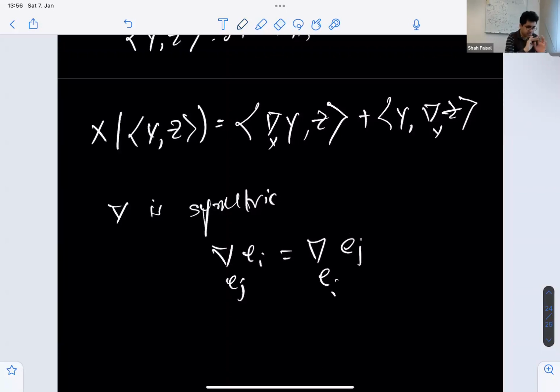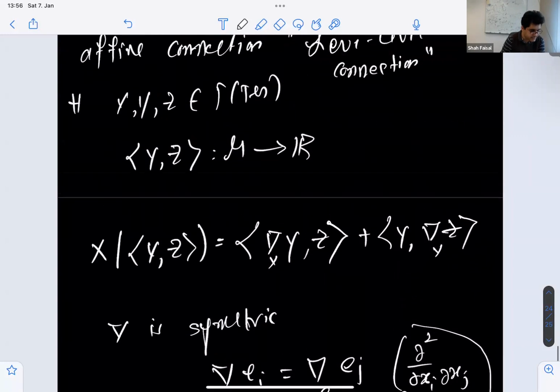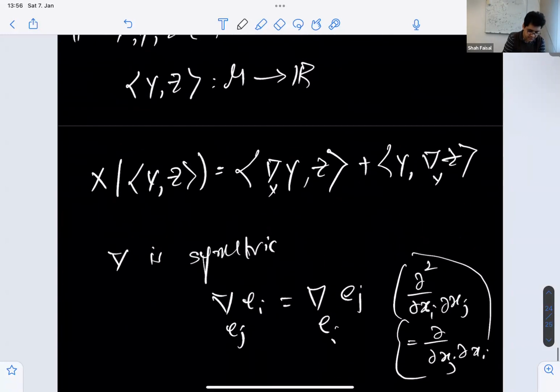So you can switch the partial derivatives, something like ∂²/∂x_i∂x_j, you can write it like ∂x_j ∂x_i. Yeah, you can switch it. So this connection is unique, and it's called the Levi-Civita connection.